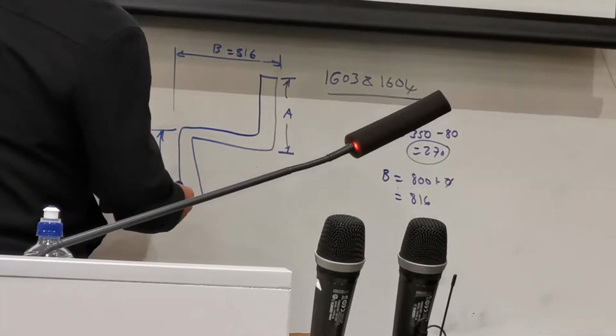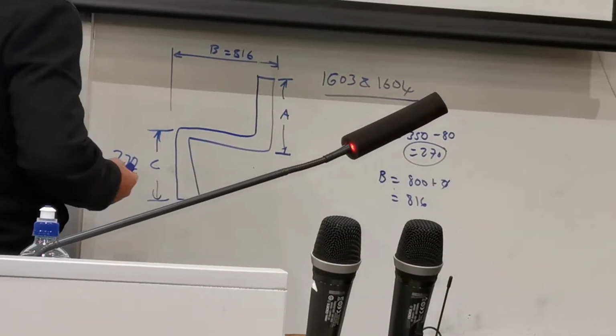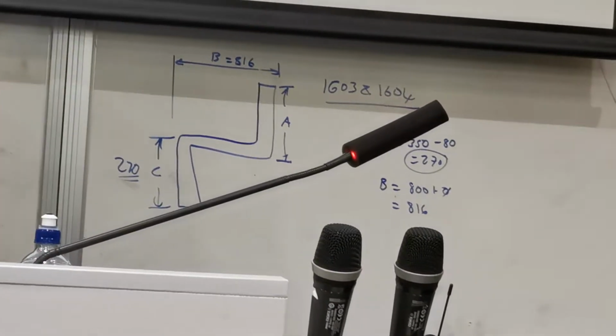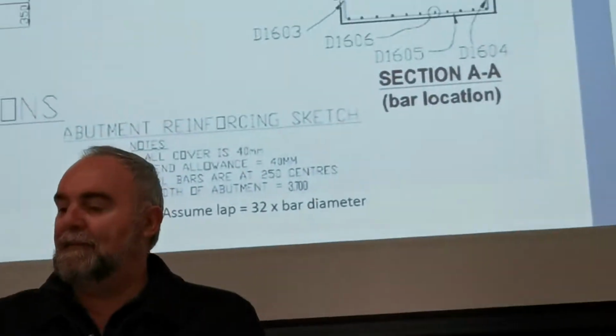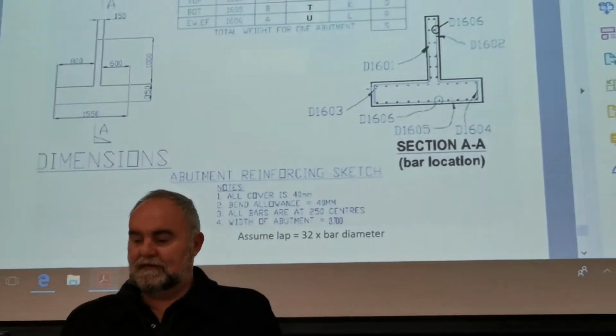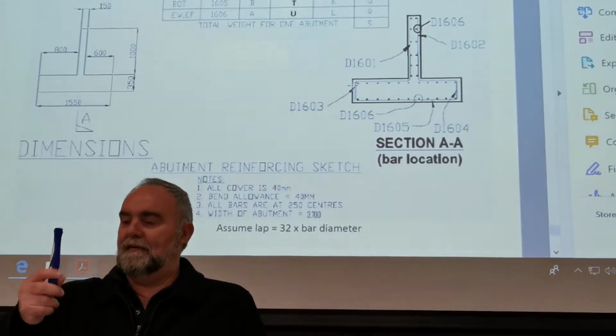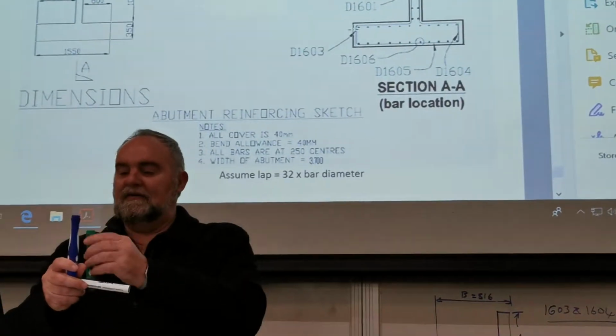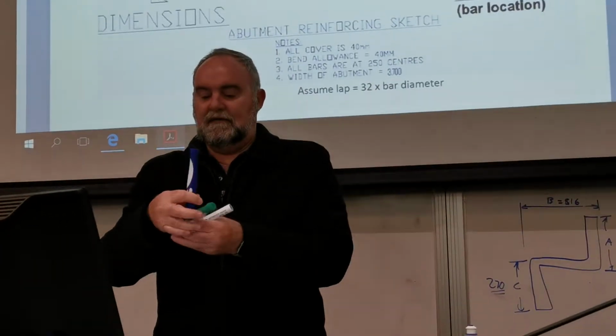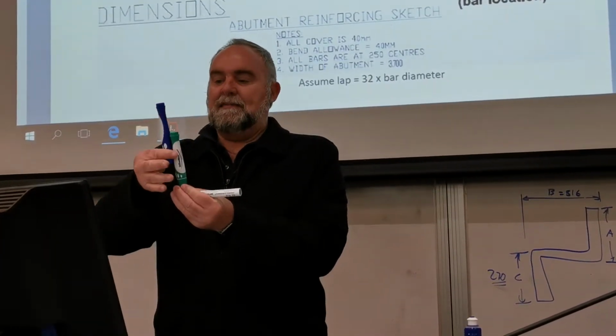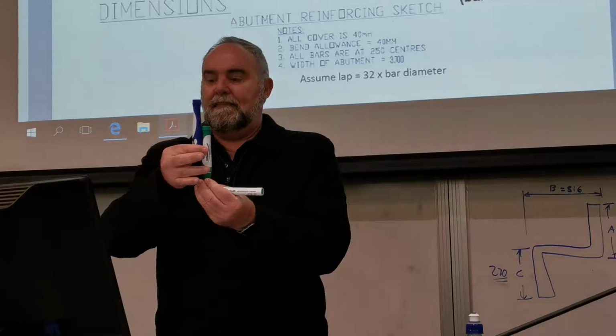Yeah. And lastly, A is the tricky one because you're overlapping with the bar going up, and this bar here is coming along, and it is overlapping with the blue one going up.